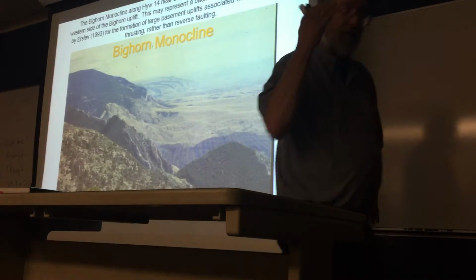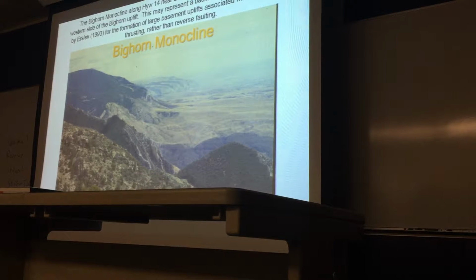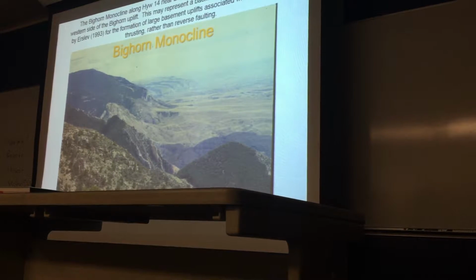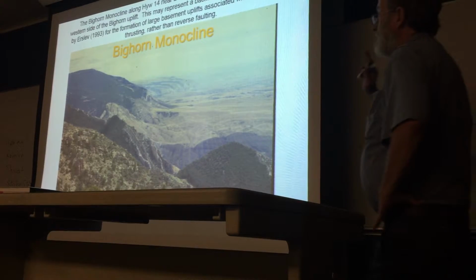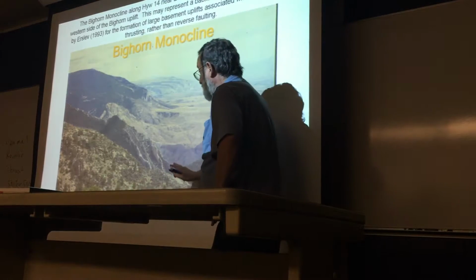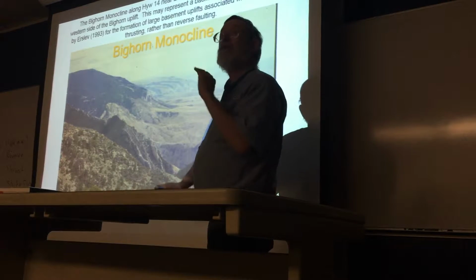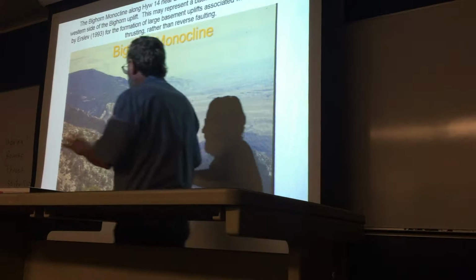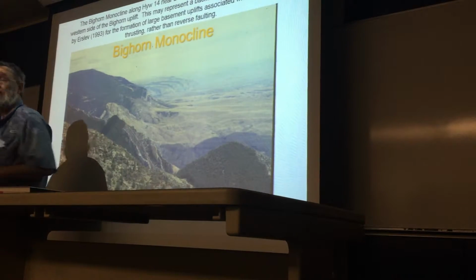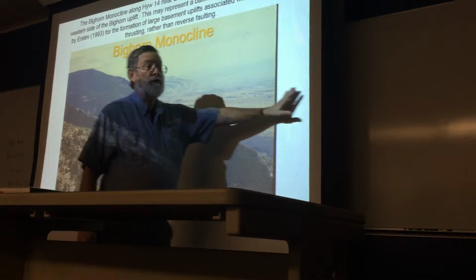Now, a lot of times faults in these geologic settings are also associated with folds or flexures. We've seen this particular outcrop before from the other side. We are up in the Bighorns. The Bighorn Basin is out here.